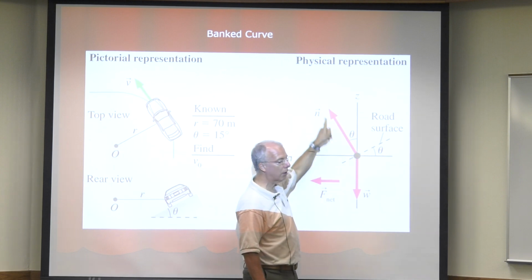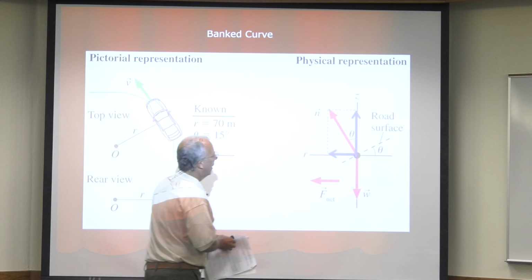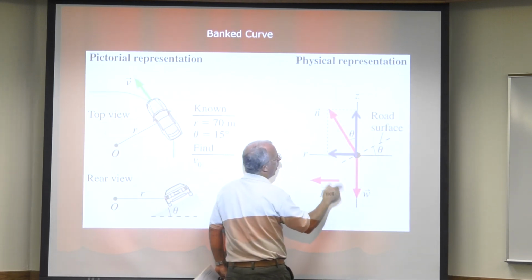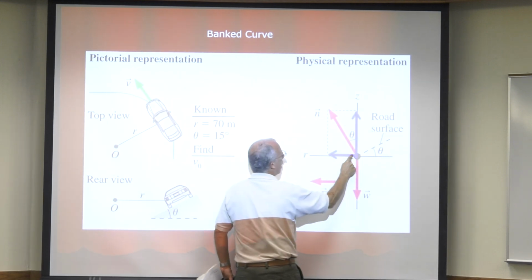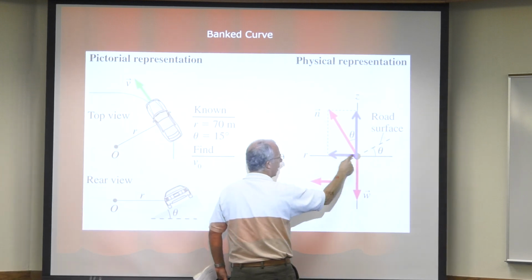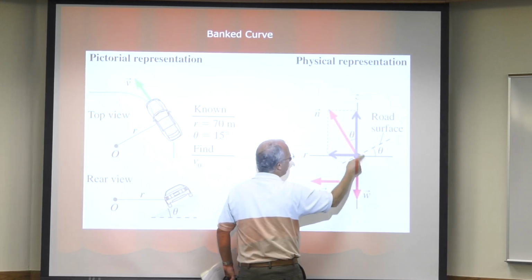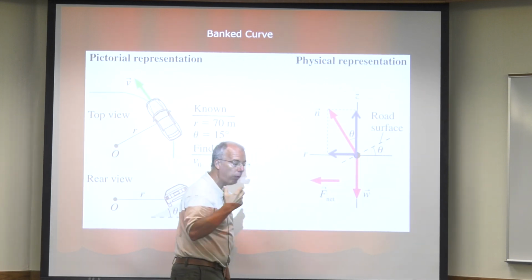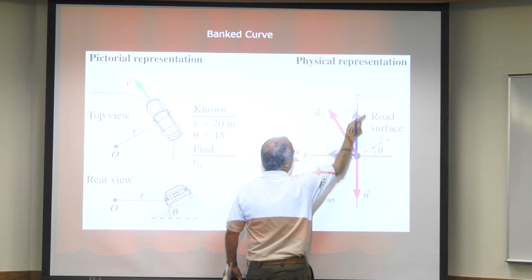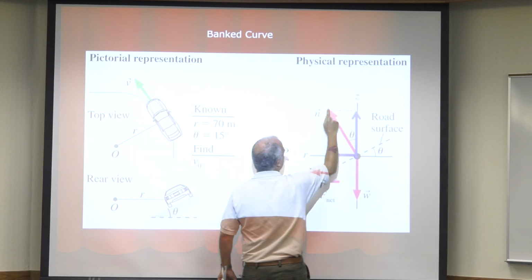We can resolve that into components like we've done in the past. Let's do it. So this vector is the same as, here's components. This is the z component. This is the r component. Well, this doesn't point towards the center of the circle, but this does. Agree? So this component of the normal force is the radial force. And again, this is the same thing as this, right? So if this is n cosine theta, this is n sine theta.